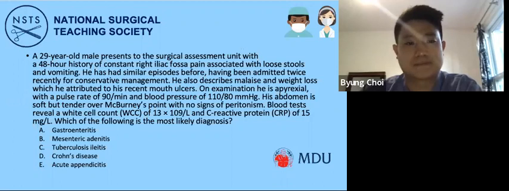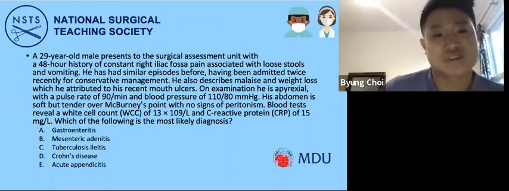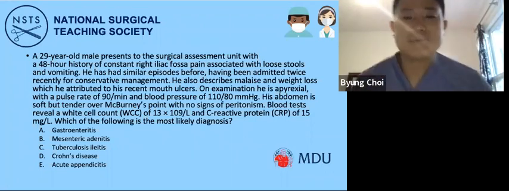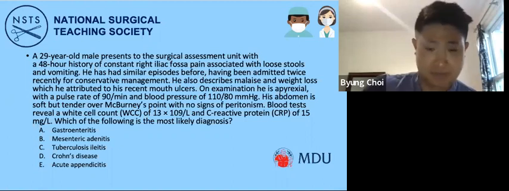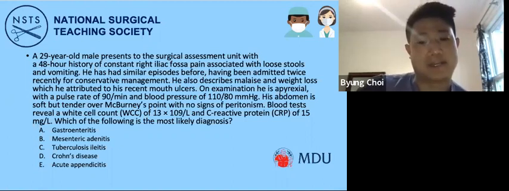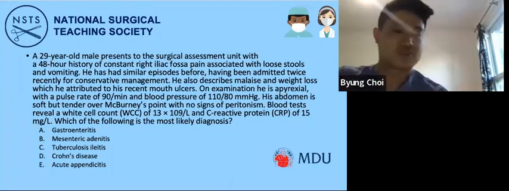All right. So a 29-year-old male presents to the surgical assessment unit with a 48-hour history of constant right iliac fossa pain. This is associated with loose stools and vomiting. He has had similar episodes before, having been admitted twice recently, and on those occasions had conservative management.